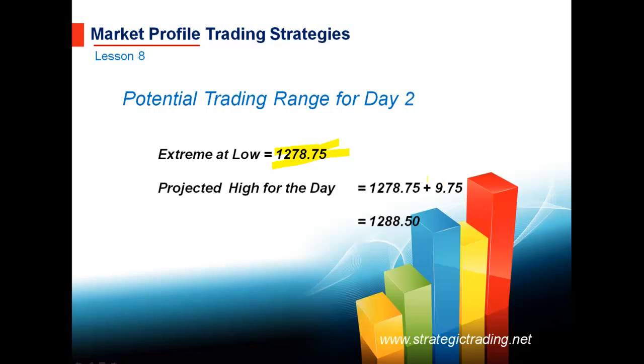And we're going to add 9.75. So I would project that, if things flow as per our diagnosis, the potential range for day 2 is going to move all the way up to 1288.50.